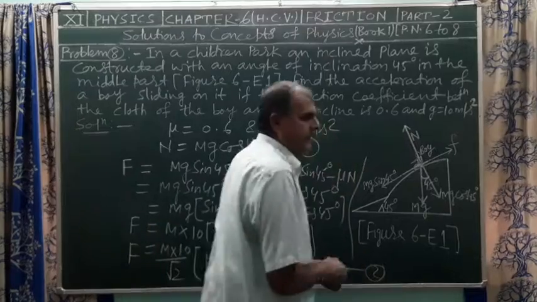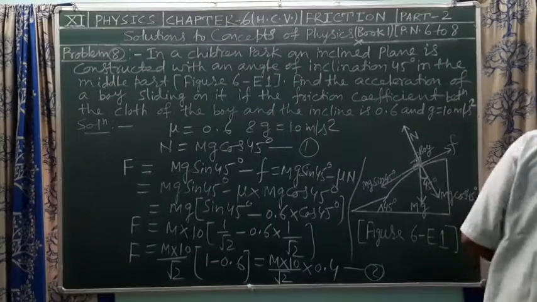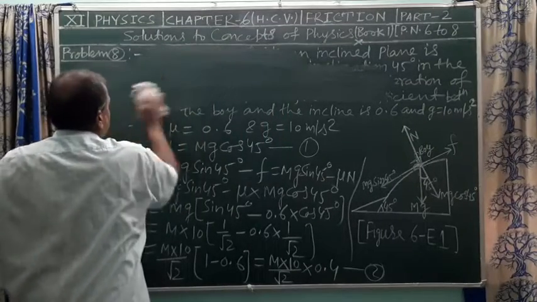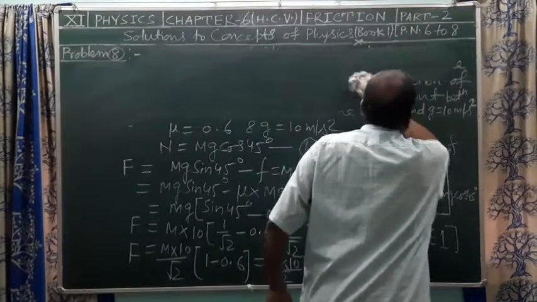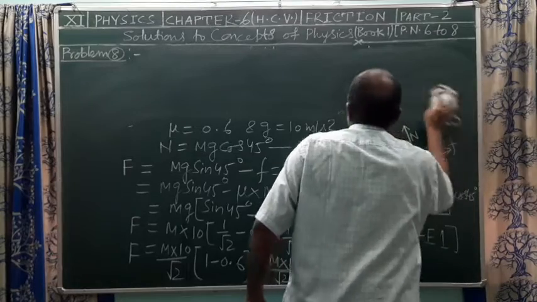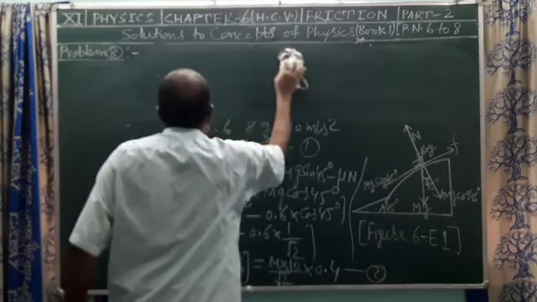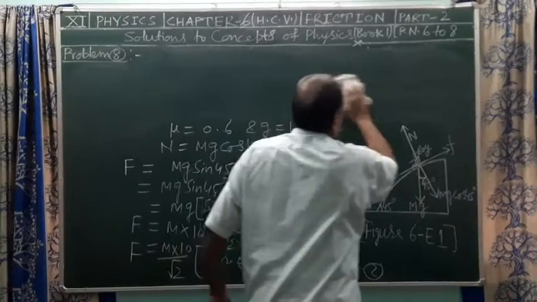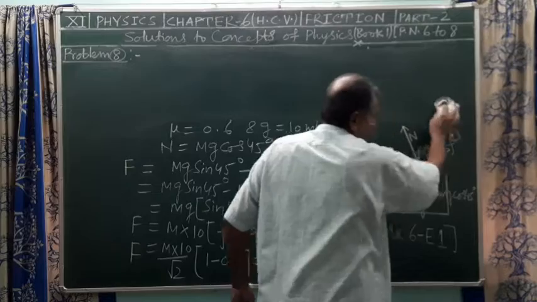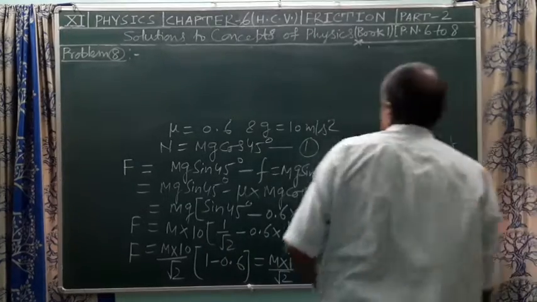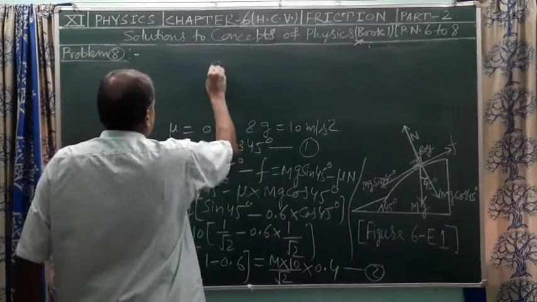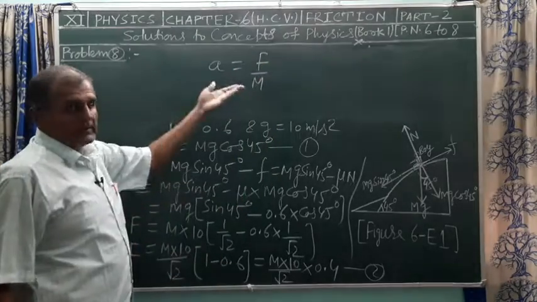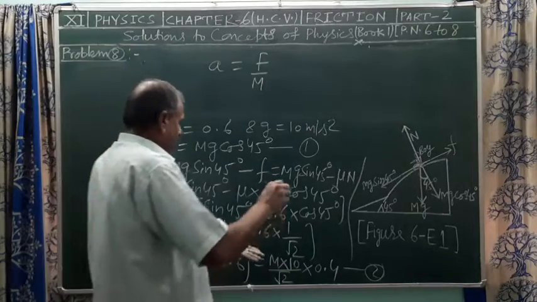Now we have to find the acceleration of the boy. From Newton's second law of motion, we know that acceleration is equal to force upon mass. So downward acceleration of the boy during sliding over the rough inclined plane constructed in the children park is a equals to force upon mass, F upon m, and F is given in equation 2.